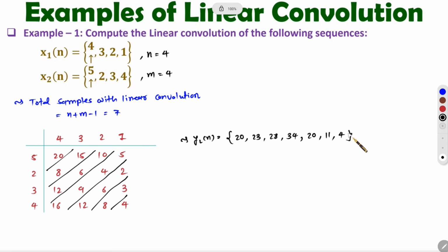But here we need to understand what the range will be. See, here in total how many elements are there? 7 elements are there as per this calculation. Now we need to understand the reference. With x1 of n, the reference is available over here, so on this side we have 0 elements. With x2 of n, the reference is there over here.